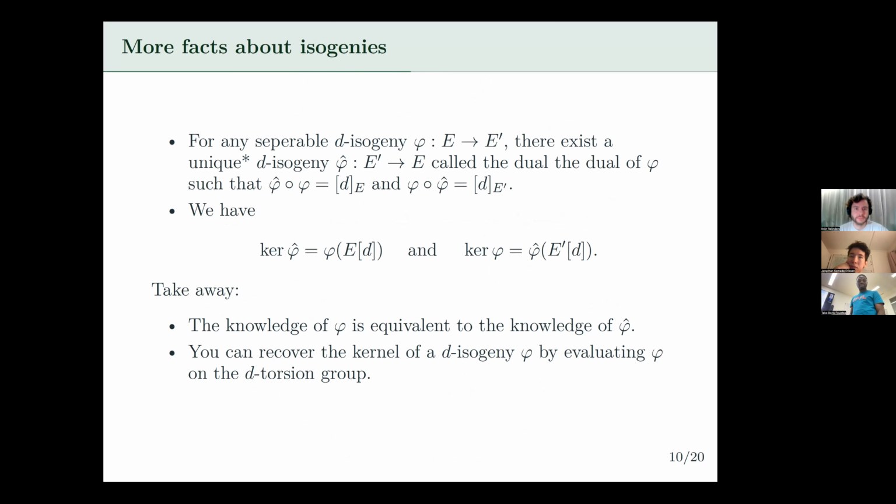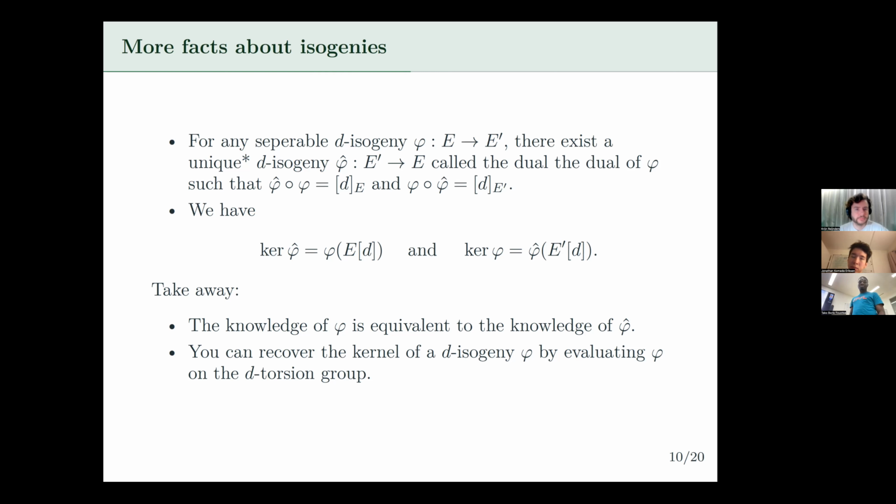When you have an isogeny phi, you can recover the kernel of its dual just by evaluating phi on the D torsion. And you can also recover the kernel of phi by evaluating phi dual on the corresponding D torsion on the other curve. What does this mean? It means that to recover an isogeny, it is sufficient to evaluate it on the D torsion, where D is the degree of the isogeny.